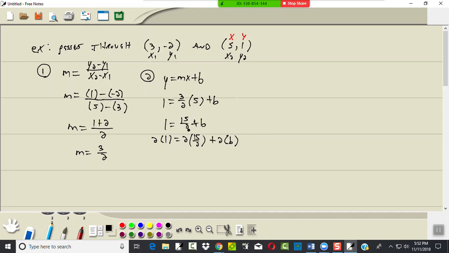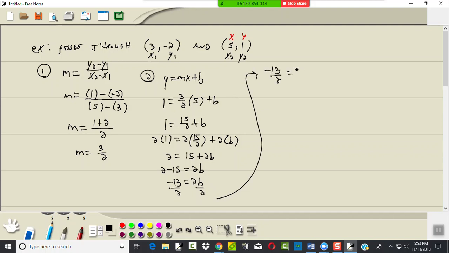I multiply by 2 because that's our denominator. So we got 2 equals 15 plus 2b. Take 15 over, we got 2 minus 15 equals 2b. Remember, when you take anything across the equals, your sign changes. And that gives us -13 equals 2b. Divide both sides by 2, and we get b is equal to -13/2.